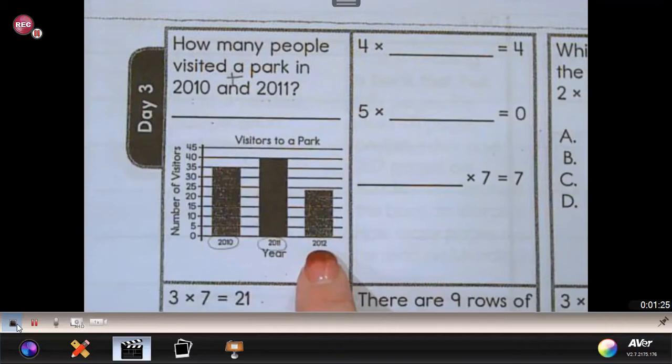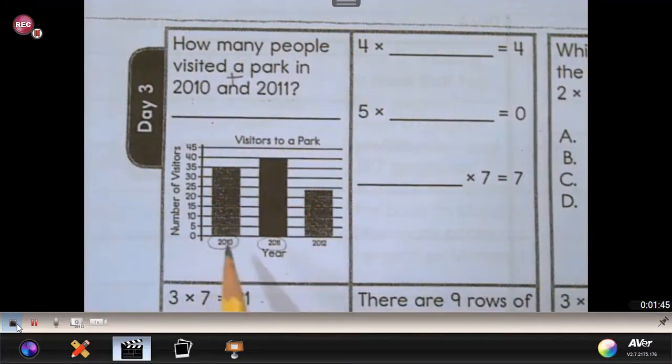Notice it doesn't ask us about 2012. We could, if they asked us the right question, include 2012, but again, we have to pay close attention to what the question is asking.